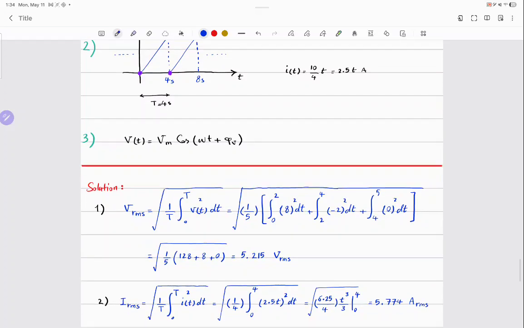Okay, so now the third function, very, very important. The third one, the most important one. It is asking you to calculate the RMS or effective value of a cosine function.